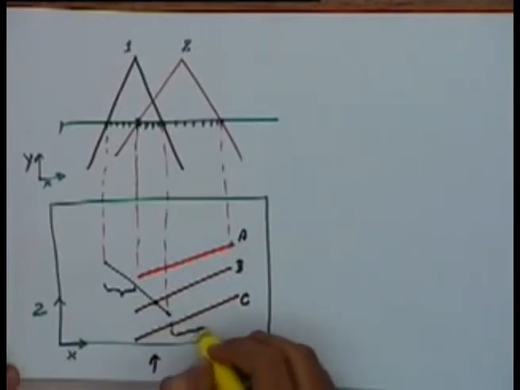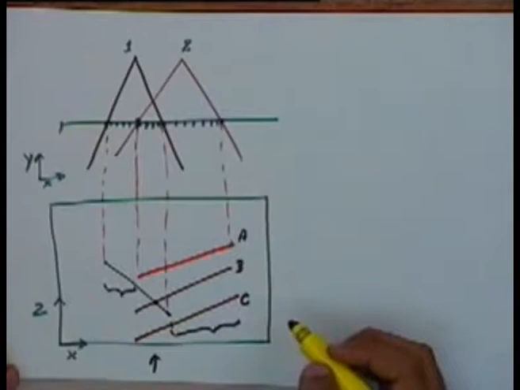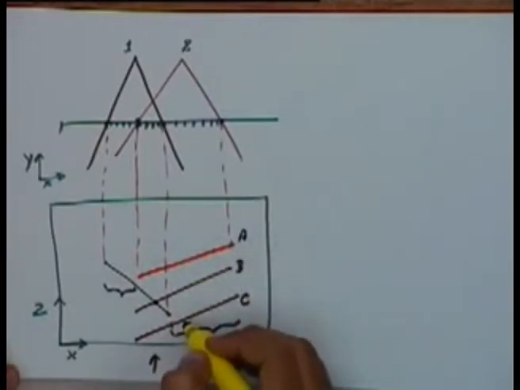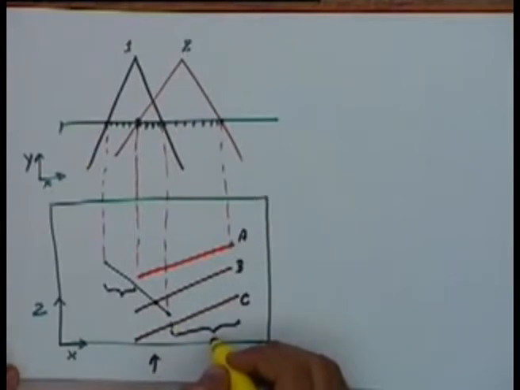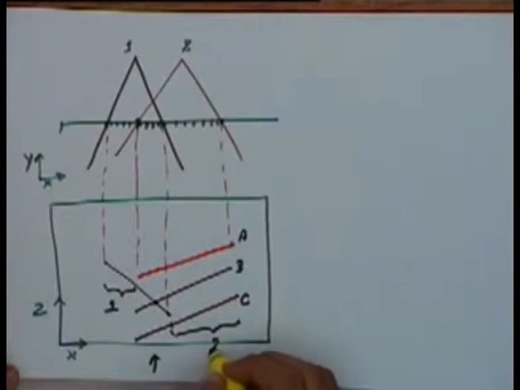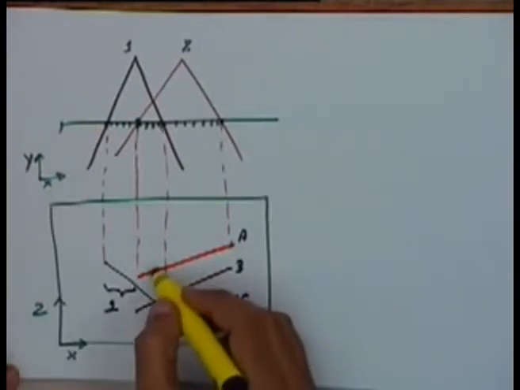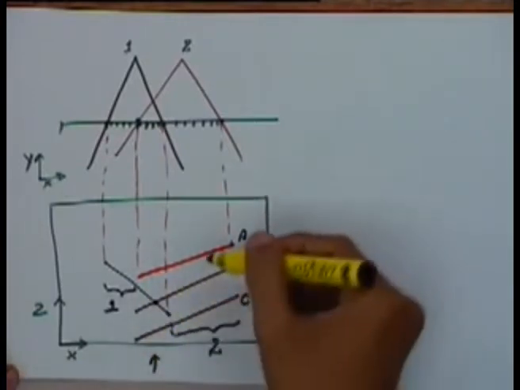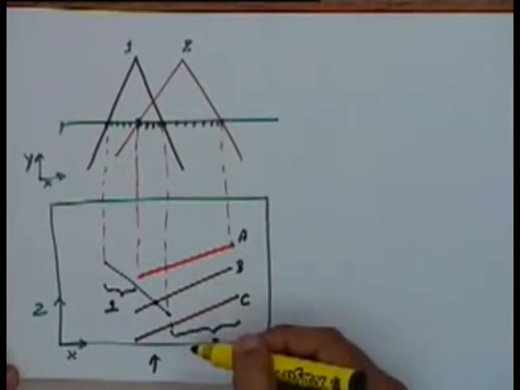And then if I consider this region, in all these three cases, I have only one polygon, and that is polygon number 2. So here I am going to have polygon 1, here I am going to have polygon 2, and in this region I will have either polygon 1 or polygon 2 or a combination of the two, depending on what type of line of intersection we have.